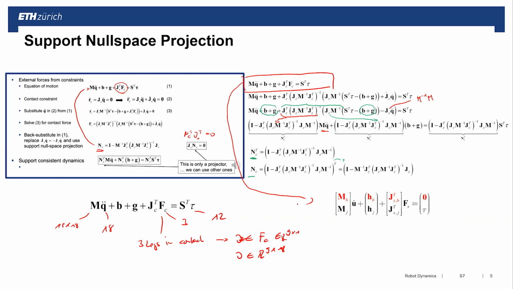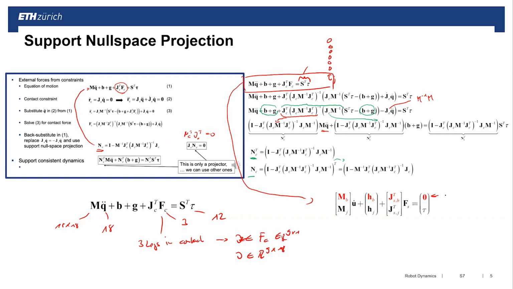And for S, the selection matrix, which does nothing else than selecting the actuated joints, S times tau is nothing else than 6 zeros and then the joint vector of the taus. So 12 actuators and 6 base which are unactuated. So I have here an upper line, indicated in red, where we have no torques acting, and a lower line where we have the torques acting.